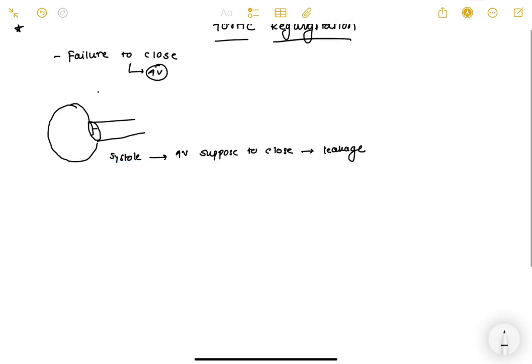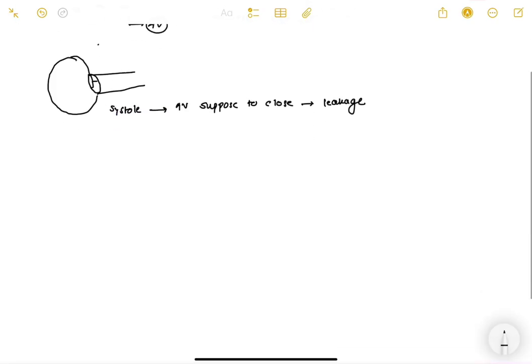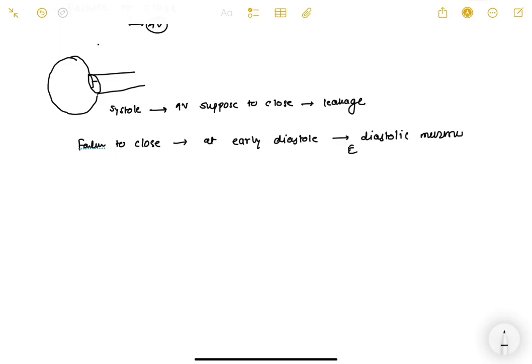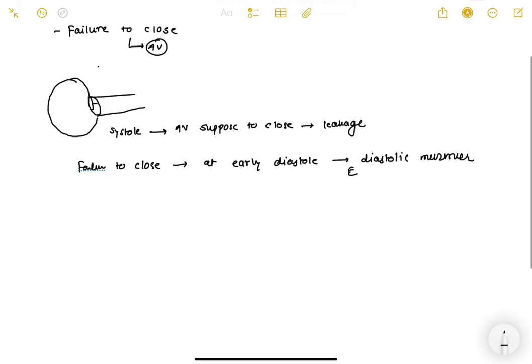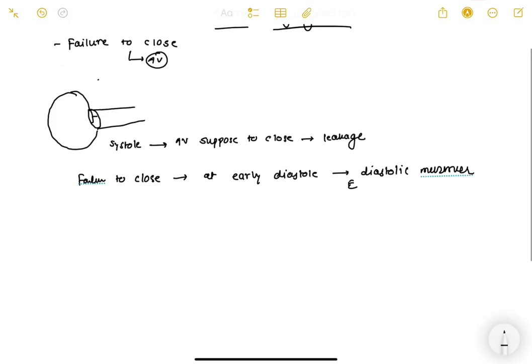So let's apply our cheat code. What do you mean by regurgitation? It means failure to close. Where does it close? It closes at early diastole. So there is an early diastolic murmur. This is the basic concept behind aortic regurgitation.